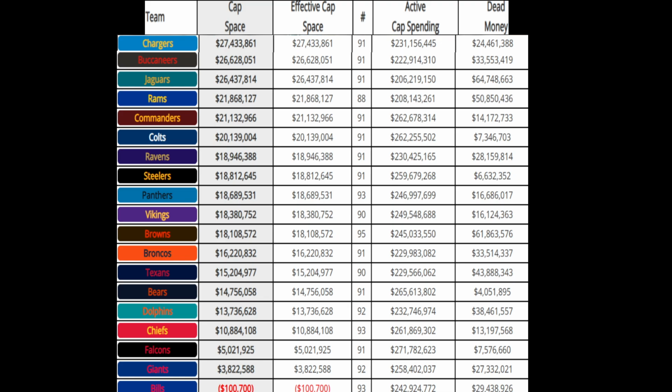Dead money involves when you have to fire somebody, maybe it's a career-ending injury, and you have to fire someone you've been paying a lot, but it's dead money. You still made the contract with these people. You still have to pay them out, and this is money that takes away from your effective cap space. The cap space remains the same.